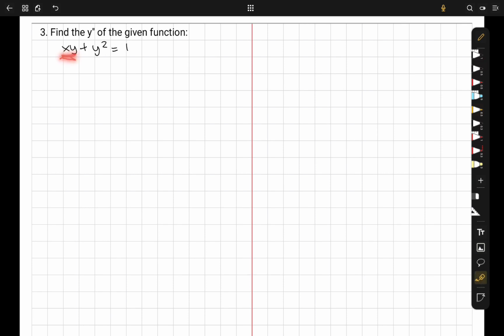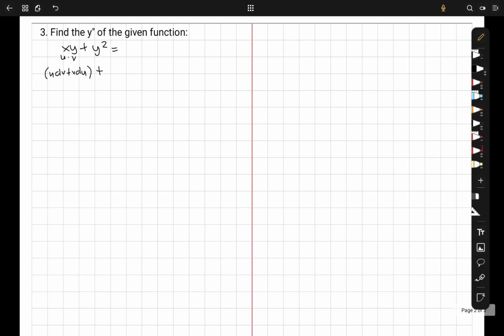So, pag may xy, that is a product rule. Na kung saan, yung u natin will be x or kaya man yung y or vice versa. So, sa atin, gawin natin, yung u natin is yung ating x. So, ito, u multiplied by v. So, that is u dv plus v du.